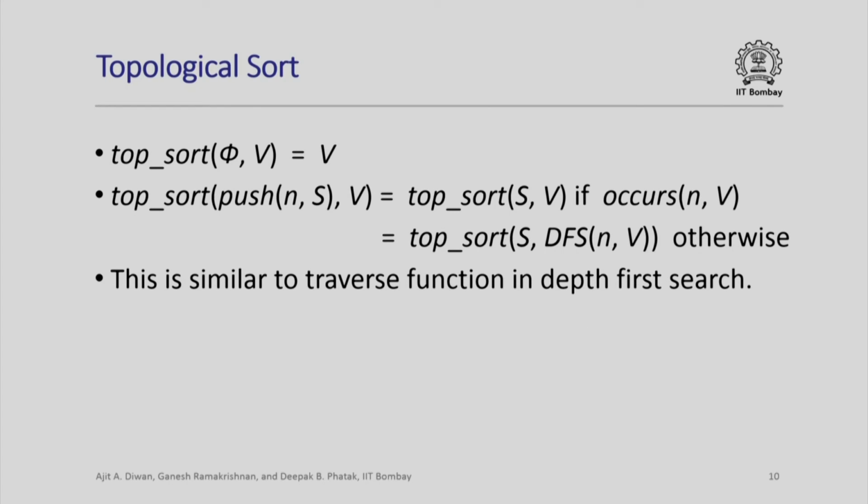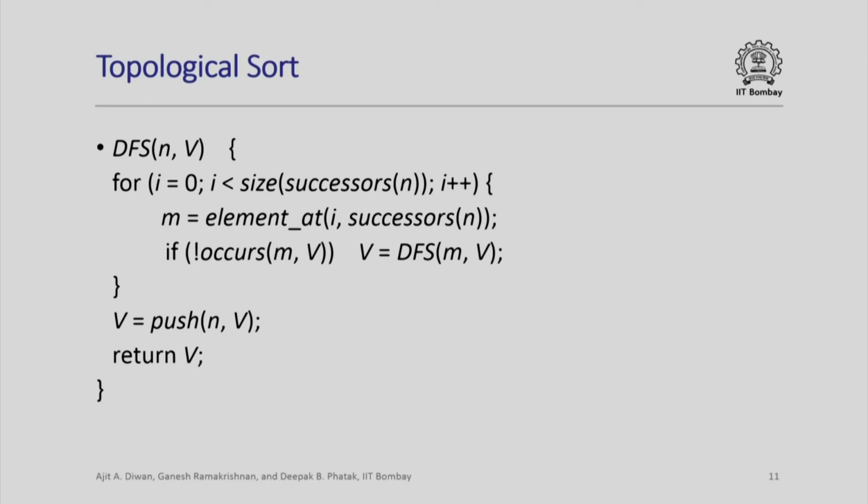So, here is a simple definition of top sort similar to this. This is exactly similar to the traverse function. We will again call DFS if the node has not been visited, and add the set of nodes that get visited to the set of visited nodes NV. The only difference here is in the DFS, instead of pushing the node into the set of visited nodes right at the beginning of the call to DFS, we do it after looking at all its successors.